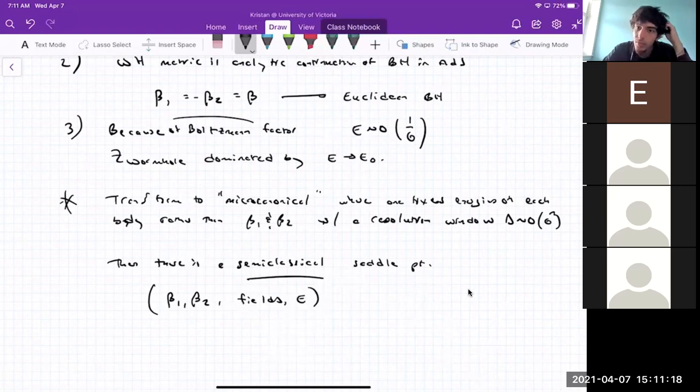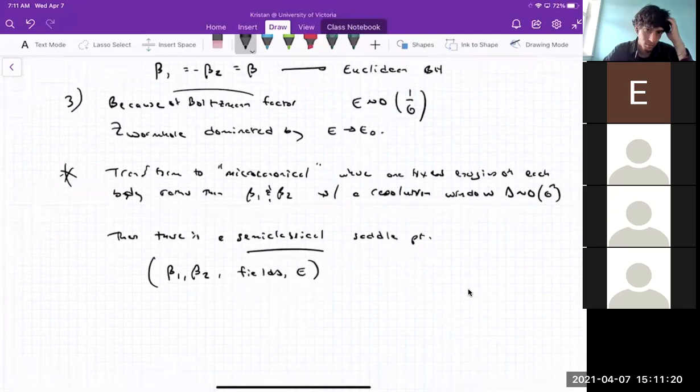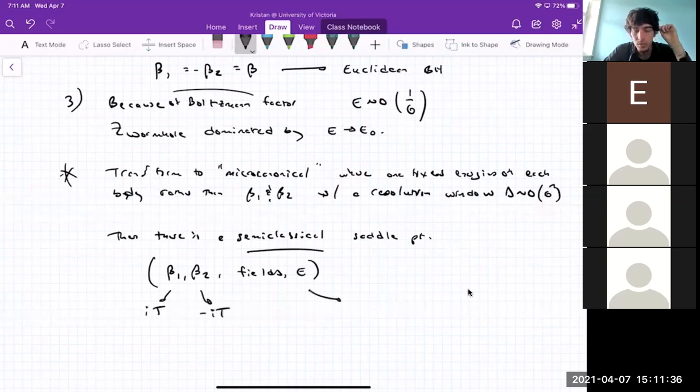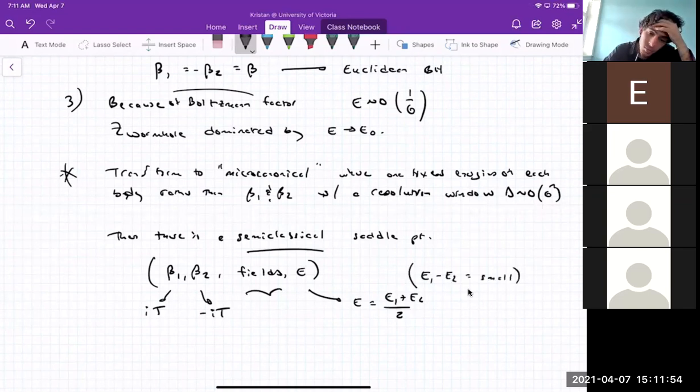If you go through this, the geometry you end up landing on is one where beta 1 is purely imaginary, beta 2 is purely imaginary, and the energy is the average energy that one fixes on the two boundaries. What I have in mind here is that E1 minus E2 is very small, so you study energies on the two boundaries that are basically the same.